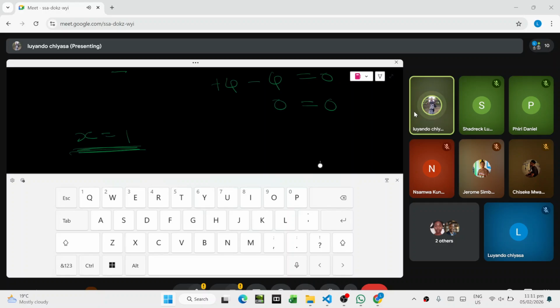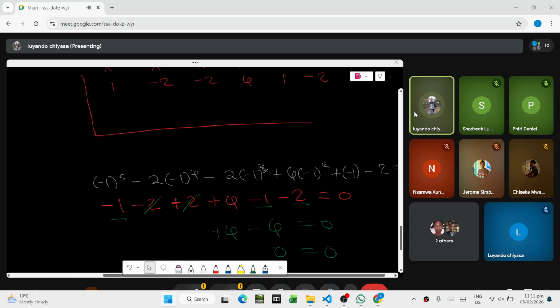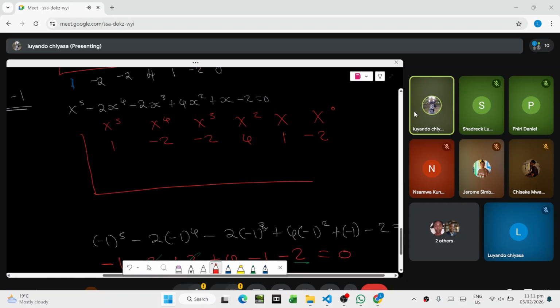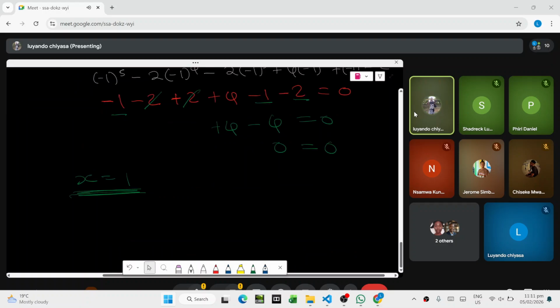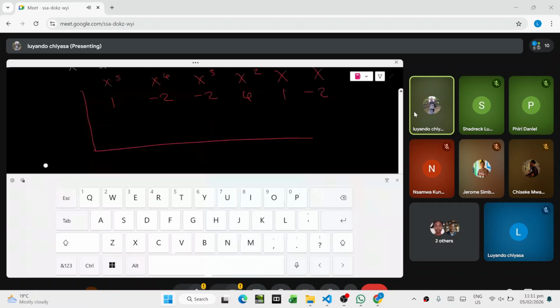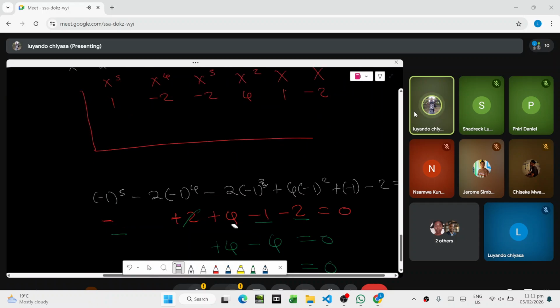Okay, so we are using when x is equal to 1. Let me remove this. We simply put a 1 here.